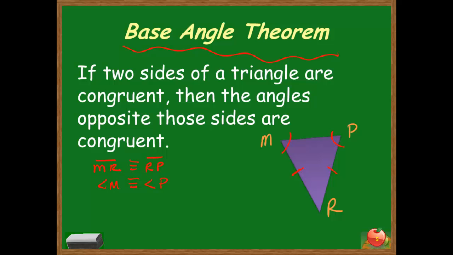So anytime I see an isosceles triangle marked, that means that the angles, the base angles, are congruent.